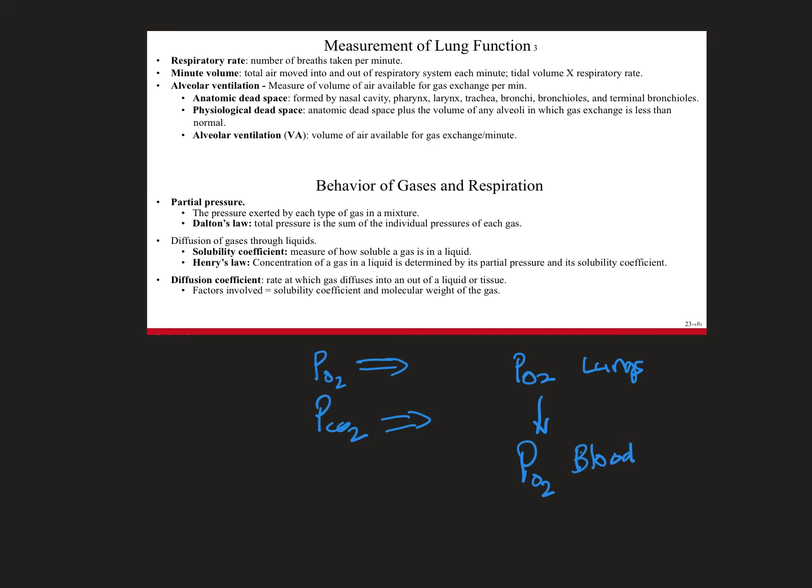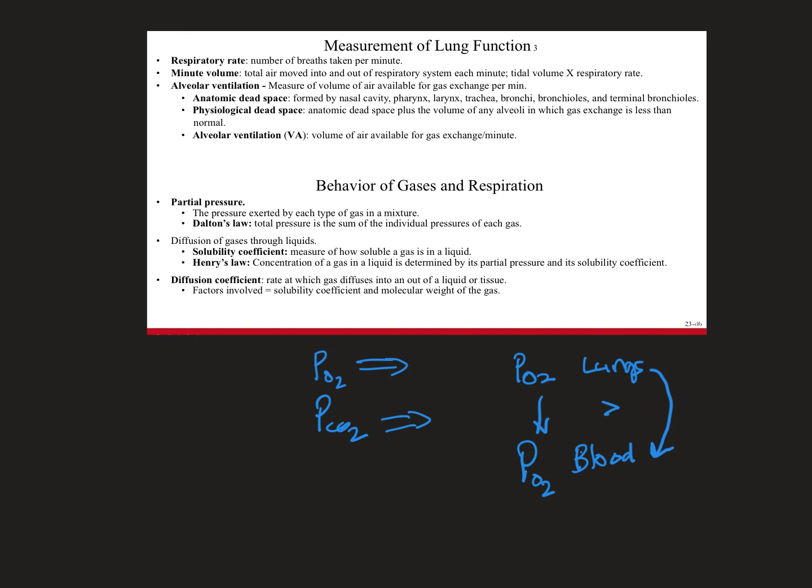Anytime the partial pressure of oxygen in the lungs is greater than the partial pressure of oxygen in the blood, then that oxygen is going to move down its gradient. Does that make sense?